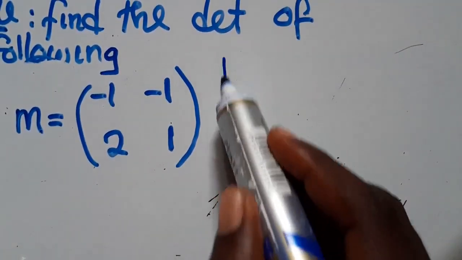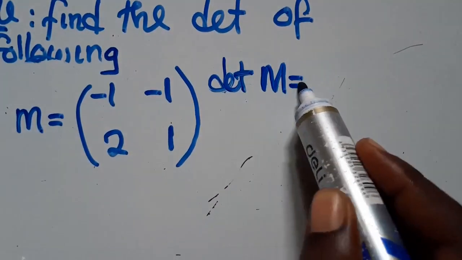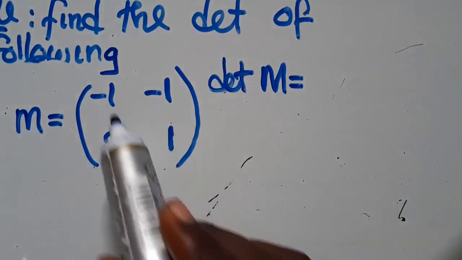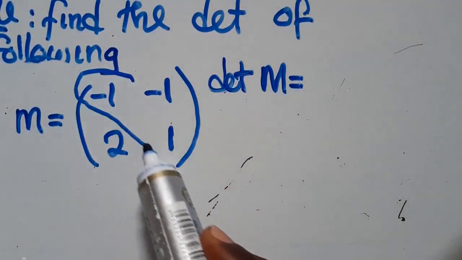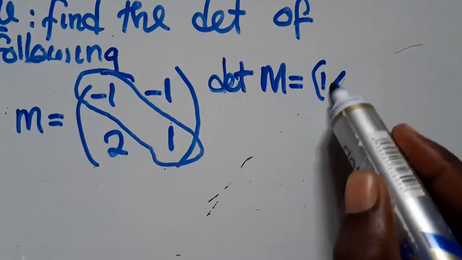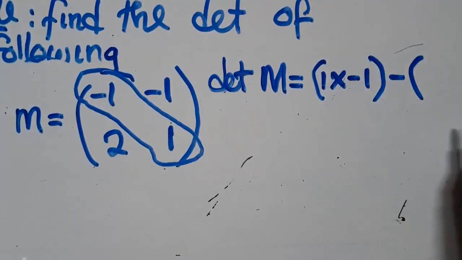So you say determinant of m is equal to what? You say major diagonal. In the major diagonal, we've got this part. So you say 1 times -1 minus what?